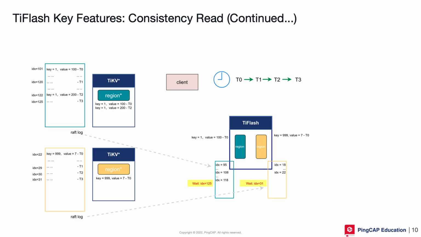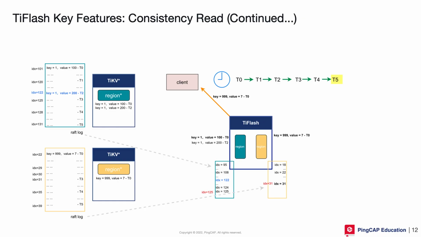At the T4 moment, TiFlash waited until the Raft log index of key equal 999 was 31 and confirmed that the value of key equal 999 must have been copied, so it read the value 7 of key equal 999.